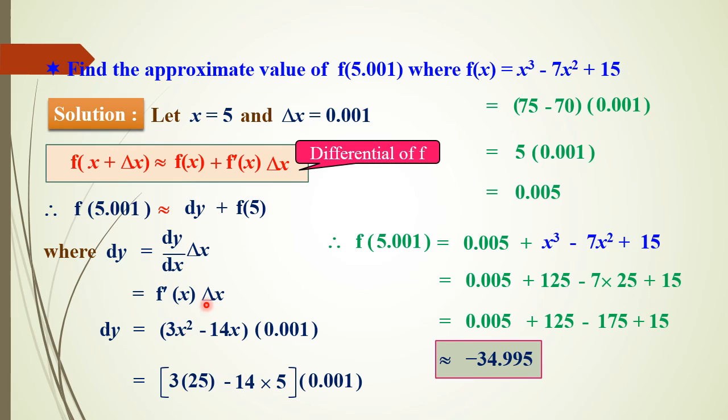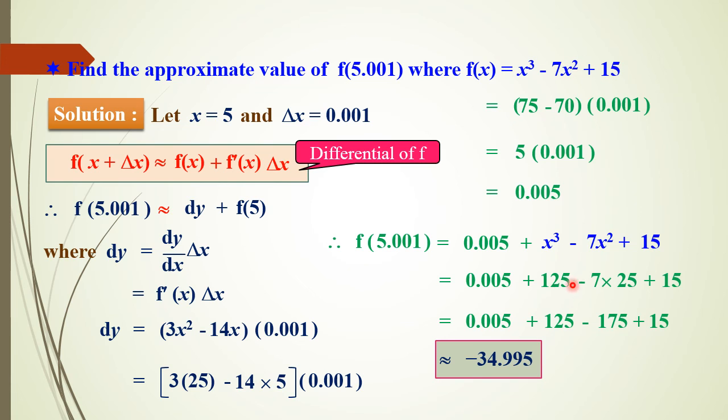So 3x square minus 14x into delta x, its value is 0.001. Substitute and simplify, you'll be getting the last answer as 0.005. This is the value of dy. Now you got the dy value, and f of 5, x is 5, so f of 5 is 5 raised to cube minus 7 into 5 raised to square plus 15.